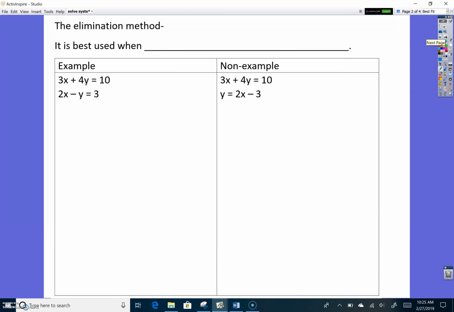Okay, the elimination method is best used when both equations are in standard form. All you have to do is look to see if x and y are together on one side of the equal sign.